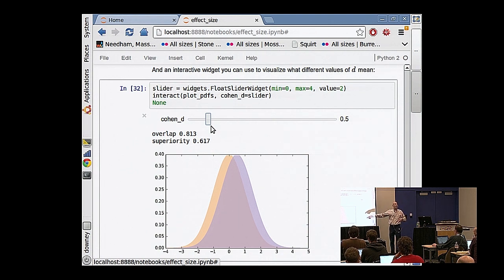And you would realize that 0.5 is a somewhat small effect, that it overlaps by that much. 81% of the distribution overlaps, and the probability of superiority is only 0.61, which is not a particularly strong probability. Make sense? Okay, I'm going to give you just a couple minutes to finish up this notebook. Again, I'll come around and help with questions, and then we will move on to the next section.